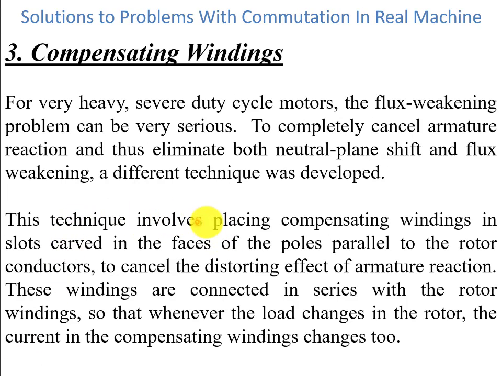This technique involves placing compensating windings in the slots carved on the faces of the poles, parallel to the rotor conductors, to cancel the distorting effect of armature reaction. These windings are connected in series with the rotor windings, so that whenever the load changes in the rotor, the current in the compensating windings changes too.